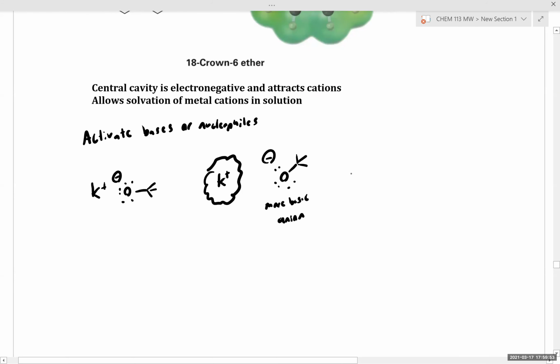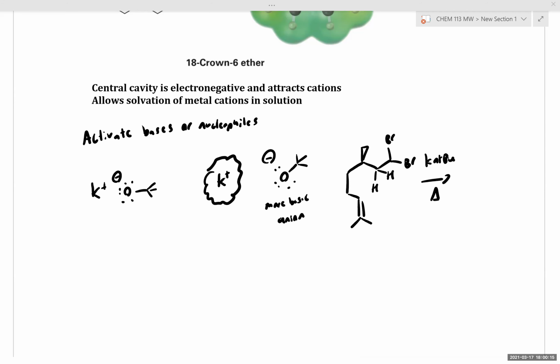So what this means is you can very easily utilize this more basic version of t-butoxide to complete elimination reactions that would not be efficient without the added crown ether.